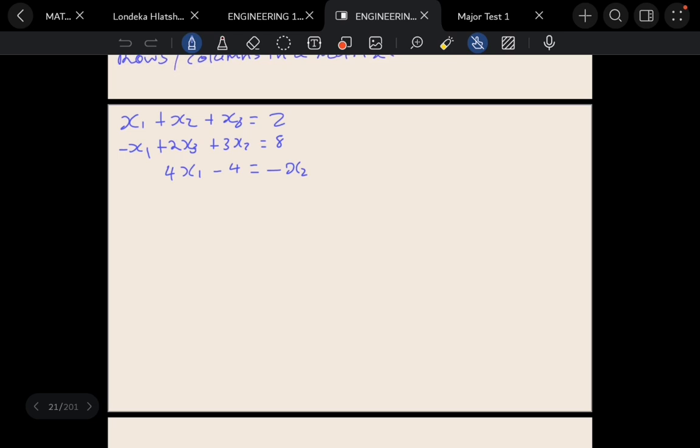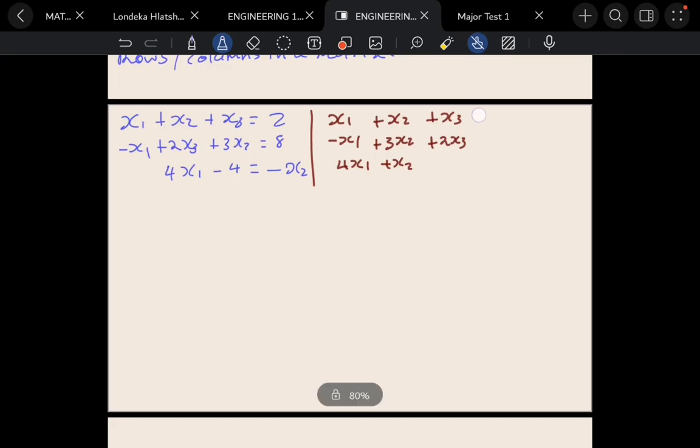To answer that question, first of all, we need to check that our system is written in x1, x2, x3 order. So we have x1 minus x1, 4x1 plus x2 plus 3x2 minus plus x2 plus x3 plus 2x3, equal to 2, equal to 8, equal to minus 4.